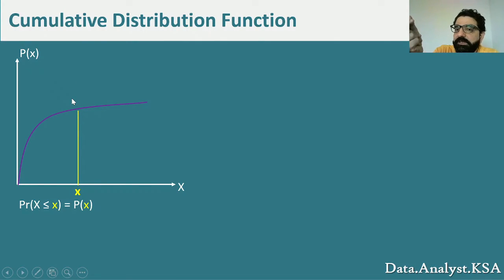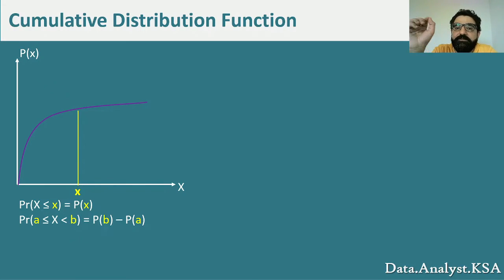And why is this useful? Because if you remember from a couple of slides ago, we said we're interested in the size of that slice. So what is the size of the slice going to be this time? If the slice is between a value A and a value B, let's say A is 3.5 and B is 3.6, and I'm interested in the probability of my random selection falling between 3.5 and 3.6, it's just going to be the large P of 3.6 minus the large P of 3.5.